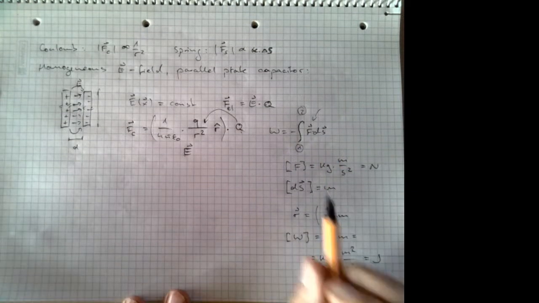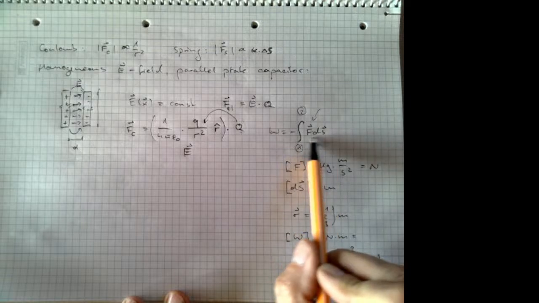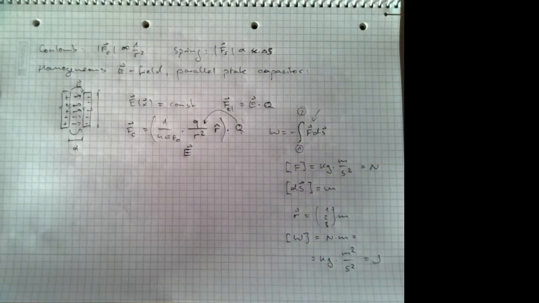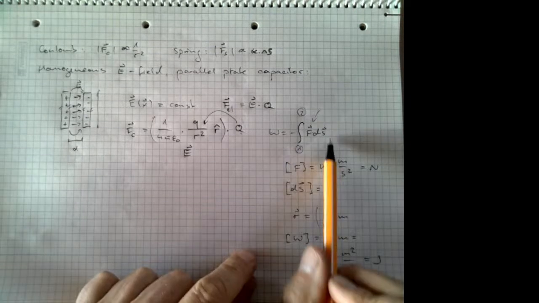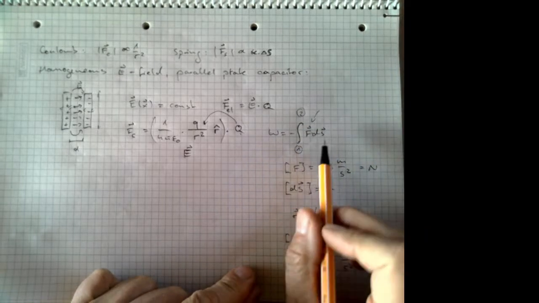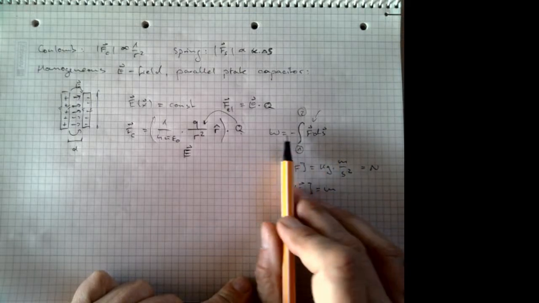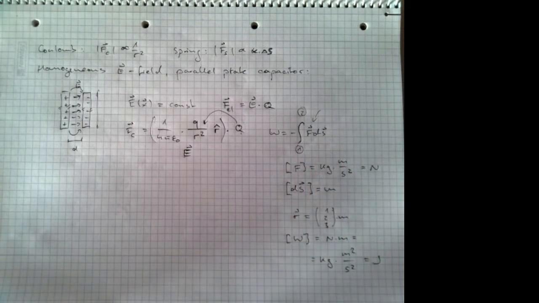It's just a sum, like a sum of tiny little products, a little F, a little ds, and you're multiplying them and then summing them up. That doesn't change the units. So you can derive the units of the integral directly by looking at the integrand, what you integrate. That's it.